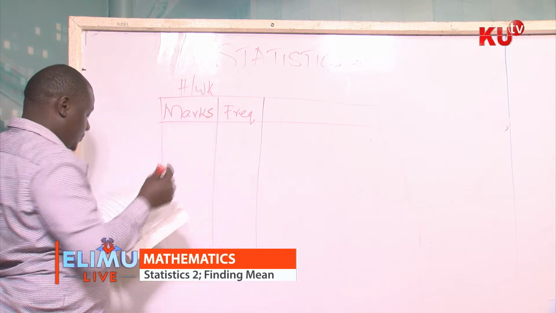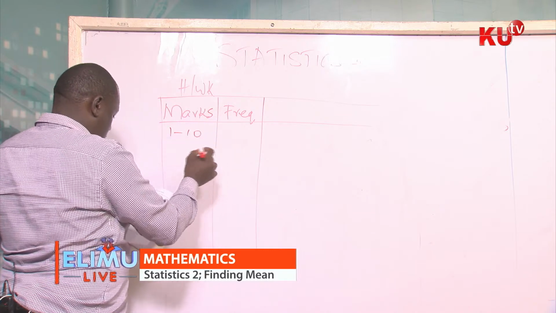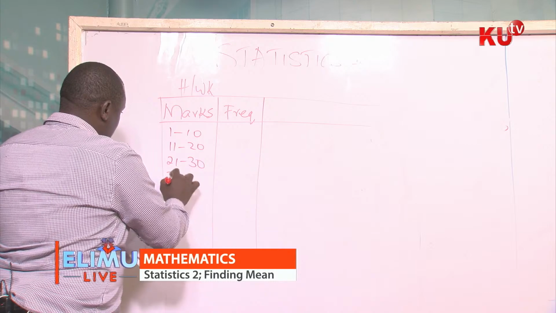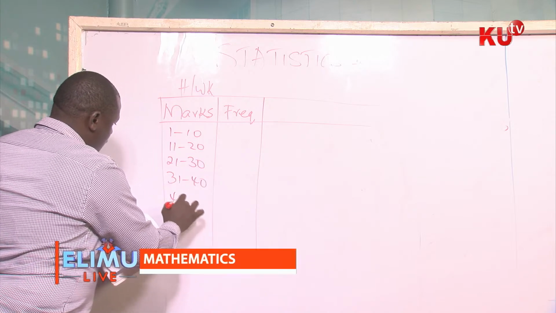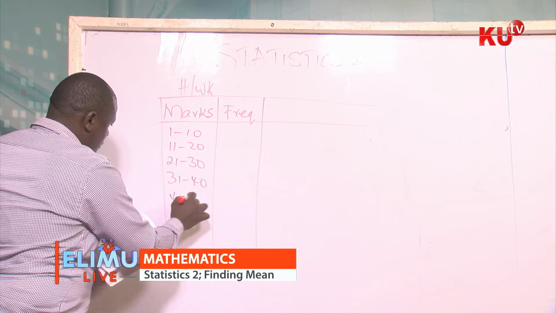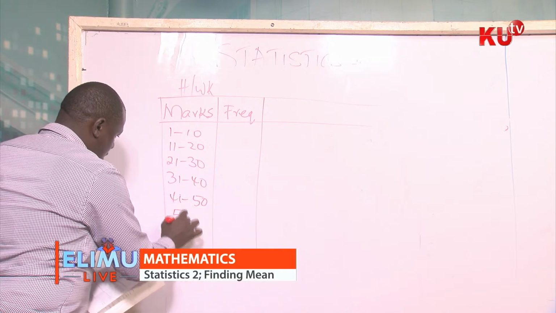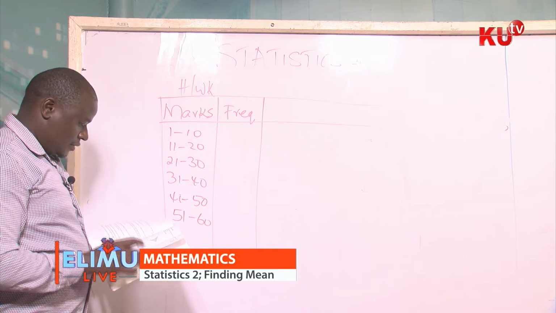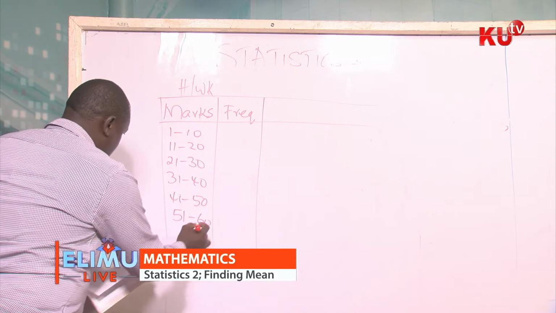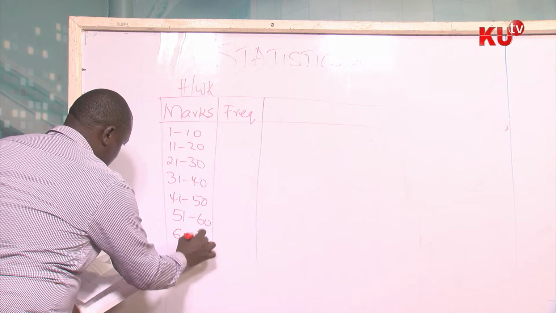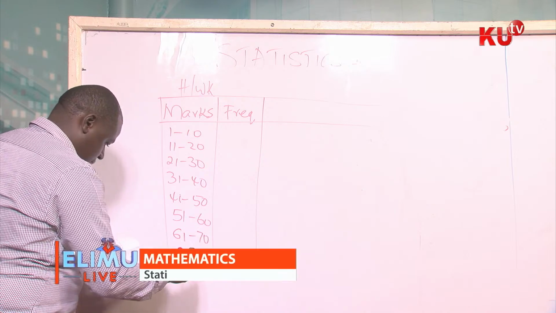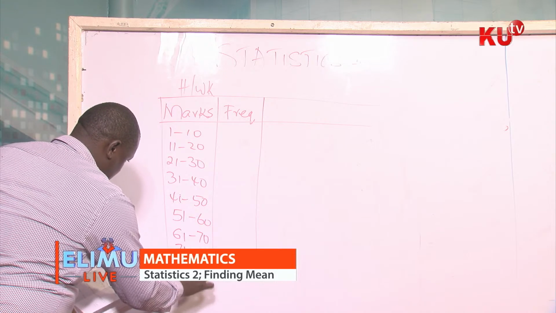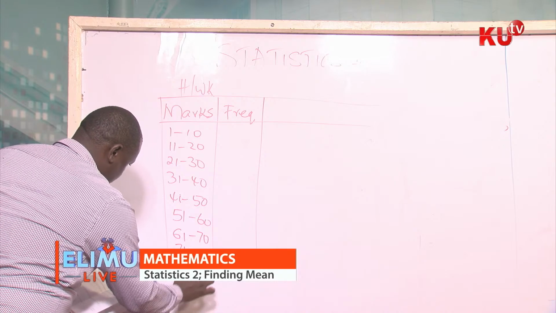These are English marks: 1 to 10, 11 to 20, 21 to 30, 31 to 40, 41 to 50, 51 to 60, 61 to 70, 71 to 80, 81 to 90, and then 91 to 100.